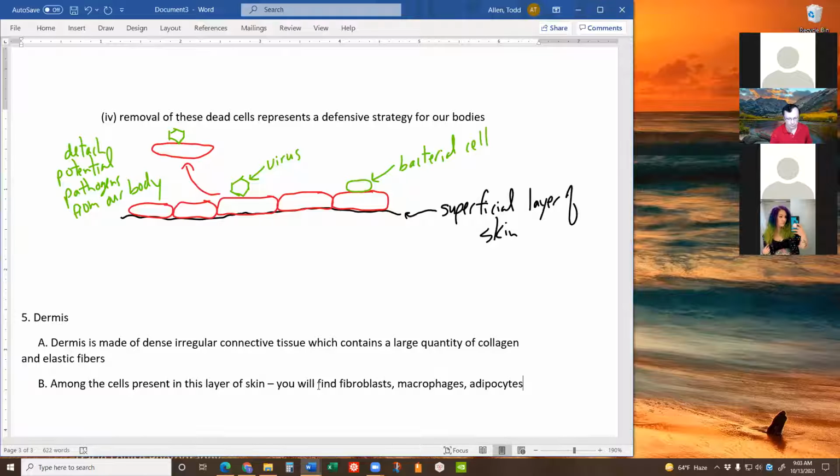All right. So when we talk about the dermis, I'm going to have you go back to figure 5.1 panel A and take a hard look at that. The dermal layer can be divided into two regions.